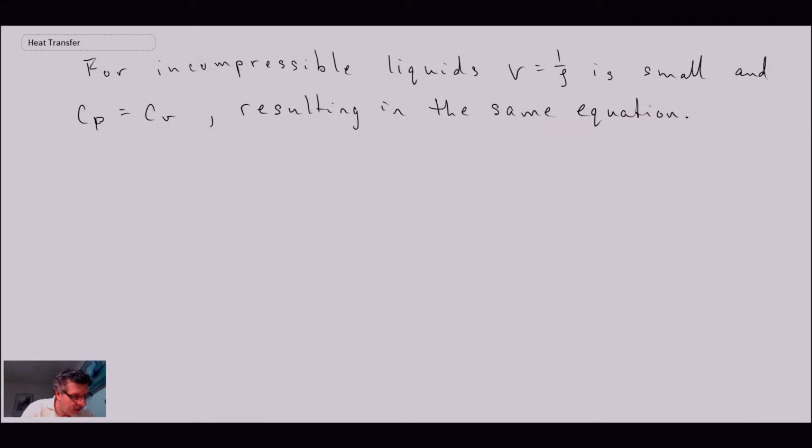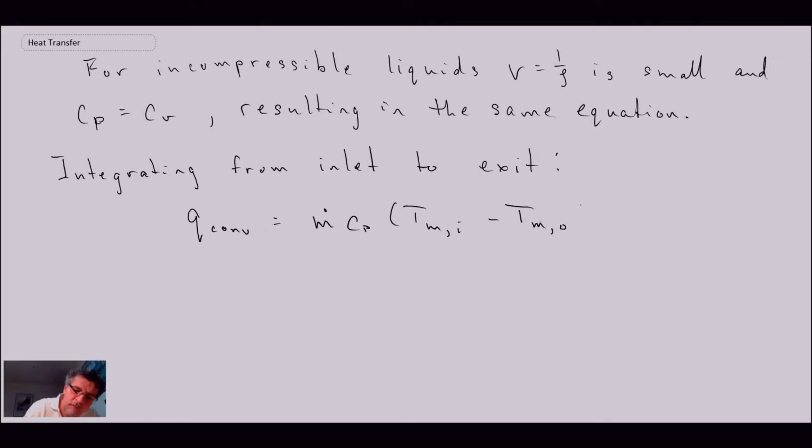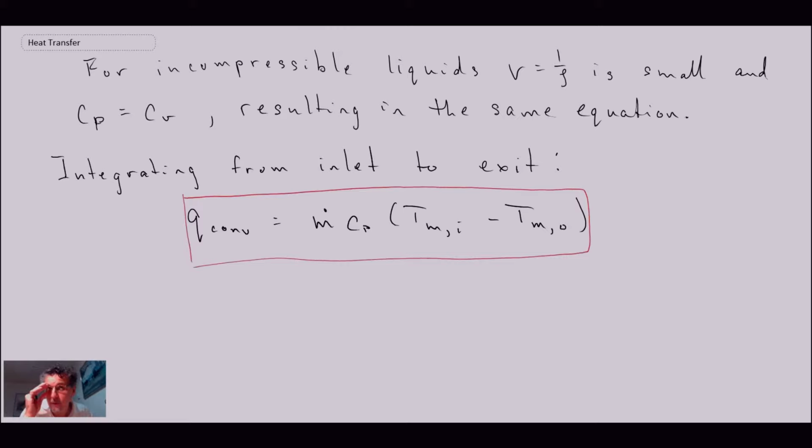Now, we can take that differential equation and integrate from the inlet to the exit. And we obtain this expression, and I'm going to box it because we will be using this expression later on in this lecture. And the last thing we can do is look at Fourier's law.